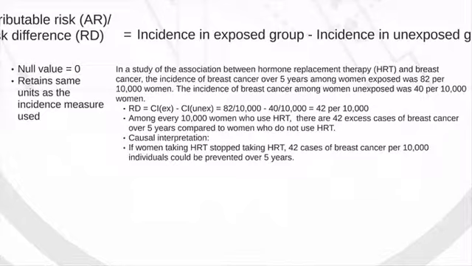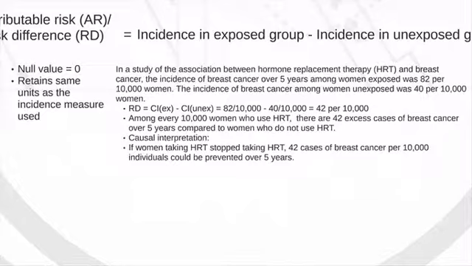Let's stop here for a second, because we can actually calculate a relative risk by dividing 82 by 40, and you'd end up with a relative risk of 2.5. But that's not what we're going for now.